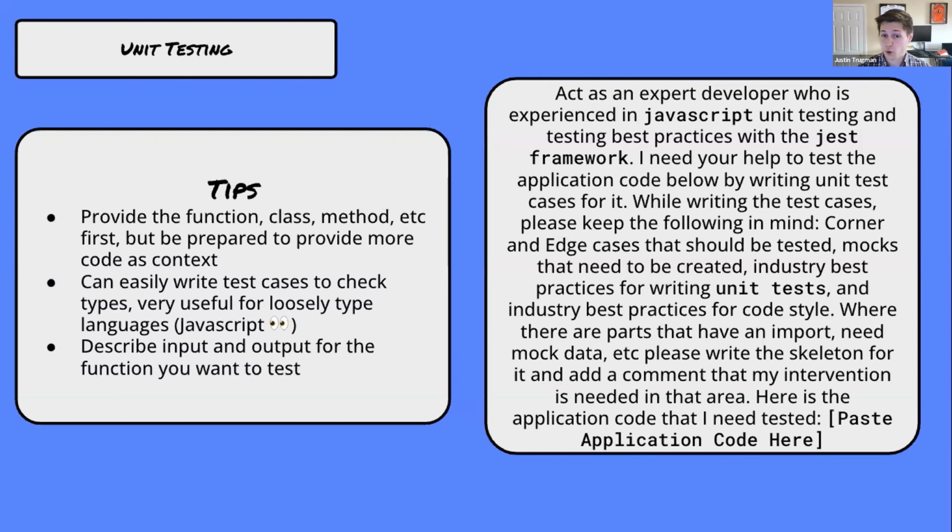Then you go into corner and edge cases that should be tested. It would be helpful if you add, if you've identified saying, hey, I think these corner cases really need to be tested, adding that context in there, mocks that need to be created, as well as industry best practices for writing unit tests. There's a lot of actual standards around writing unit tests that are in the model training data.